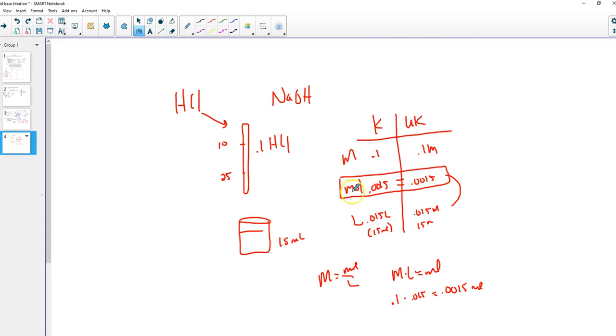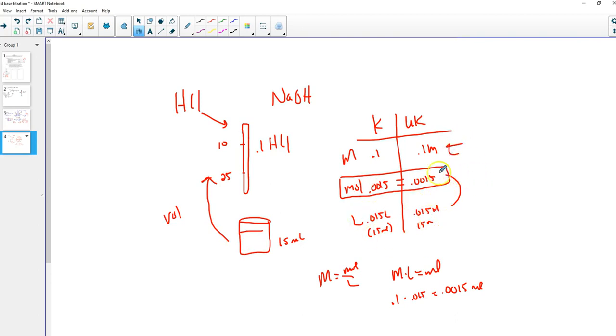Whenever I compare these two concentrations, I look closely at the volume. If the volume is the same, then the concentration is the same.